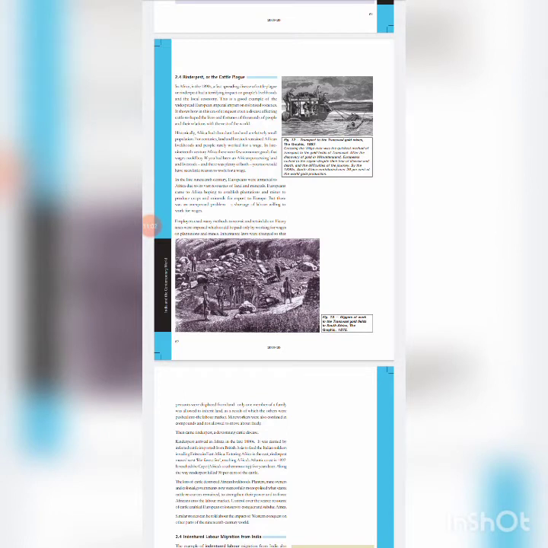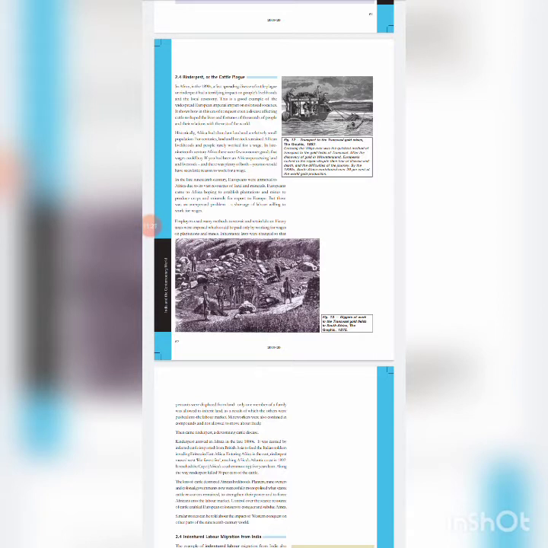Now, Rinderpest, or the cattle plague. In Africa, in the 1890s, a vast spreading disease of cattle plague impacted people's livelihood and the local economy. Africa had abundant land and a relatively small population. In the late 19th century, Europeans were attracted to Africa due to its vast resources of land and minerals.